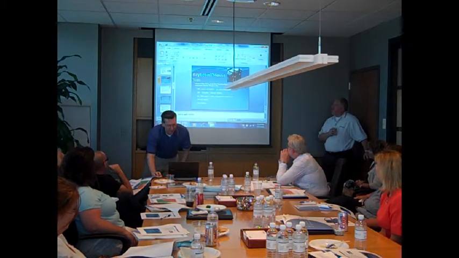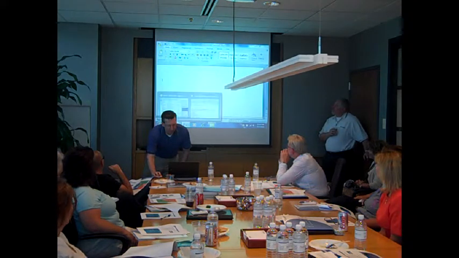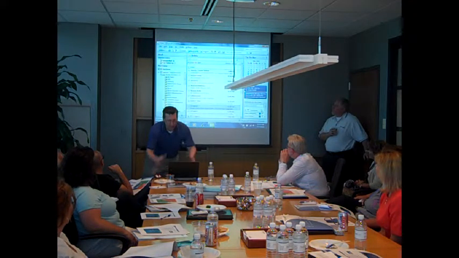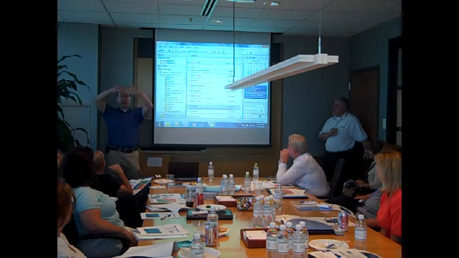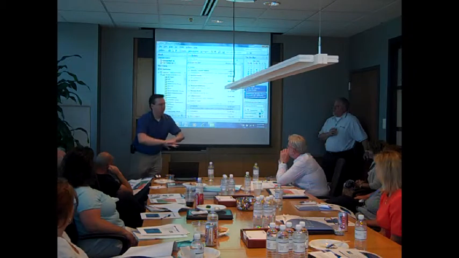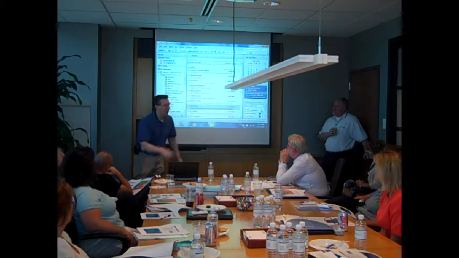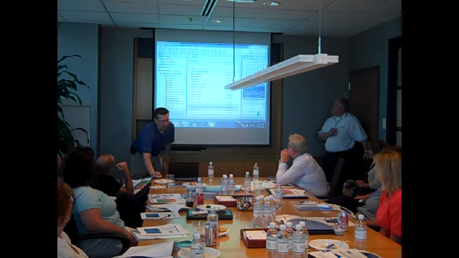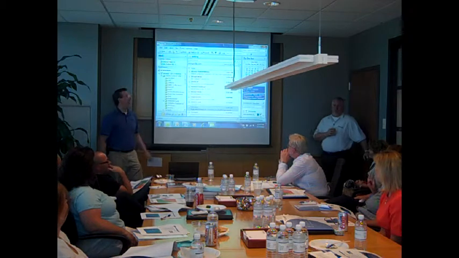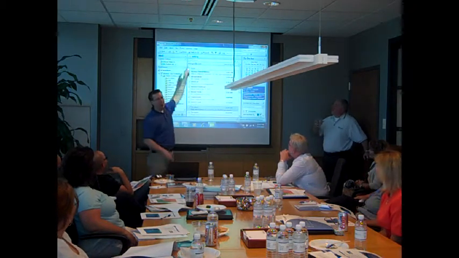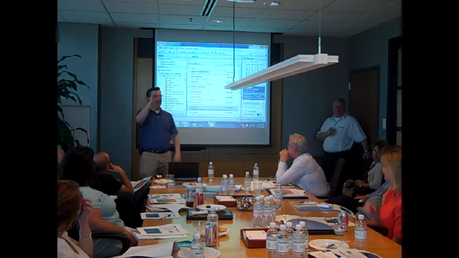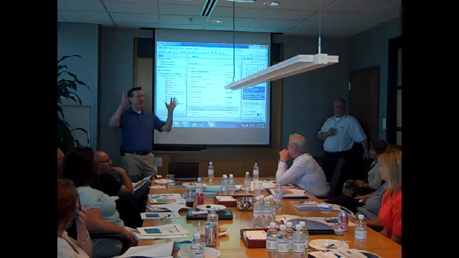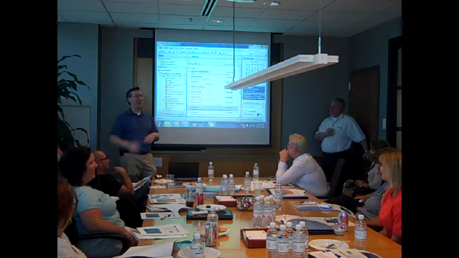If I have a bunch of windows open, basically stacked behind each other, and I want to minimize all of them at once but keep the one I'm working on maximized, I could do this, and all of them just got minimized. What did you do? I shook it. I went up to the title bar, the top bar, and I just took it and shook it. It minimizes everything else and keeps it open.